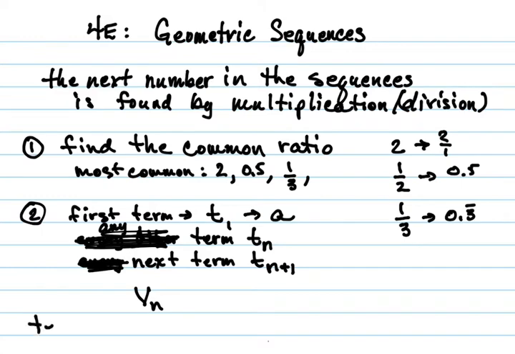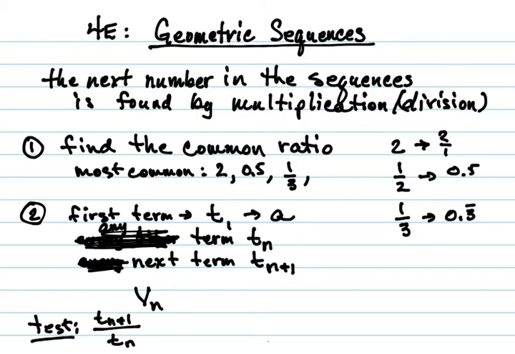Now, there's a test for you to determine if indeed you are using the right ratio and if indeed something is a geometric sequence. And that is simply by taking your t sub n plus 1 and dividing it by t sub n.